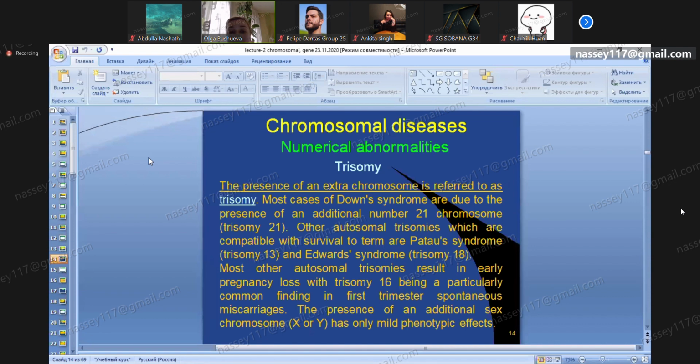Most other autosomal trisomies result in early pregnancy loss, with trisomy 16 being a particularly common finding in first trimester spontaneous miscarriages. The presence of an additional sex chromosome, X or Y, has only mild phenotypic effects.